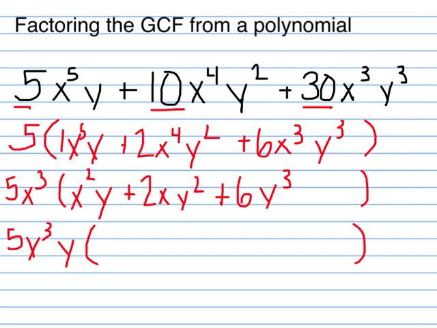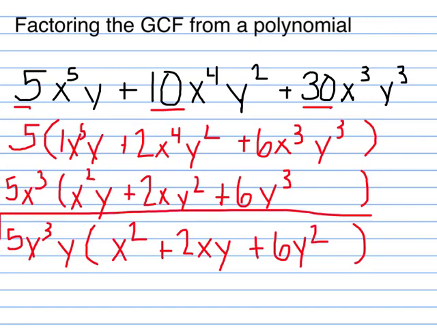And y to the first over y to the first cancels out, so we just have x squared. Factoring out a y from y to the second would just be y to the first. And then 6y cubed with the y factored out would be 6y squared. And that would be the factoring of that polynomial. The greatest factor total then was 5x cubed y to the first.